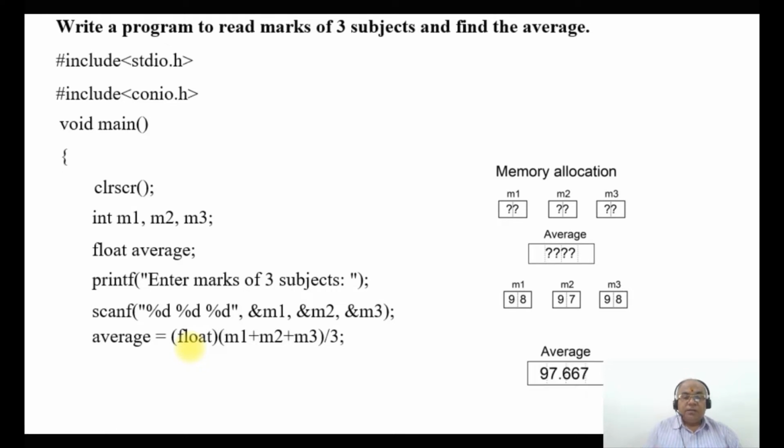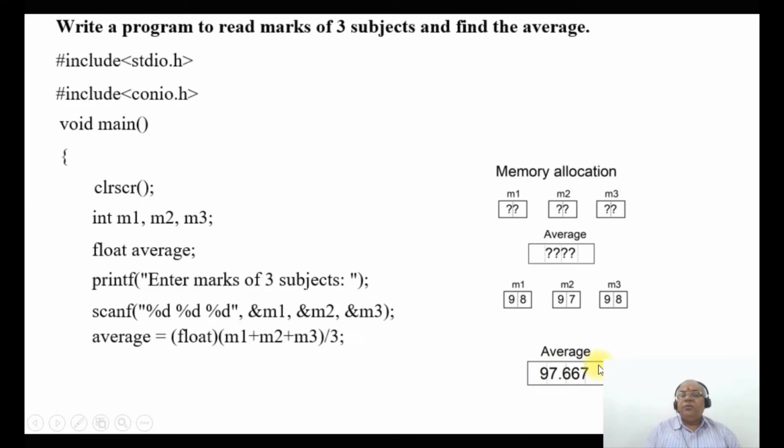Then divided by 3. So what do we get out of that? The average will be 97.667. Otherwise, if you don't use float here, M1 plus M2 plus M3 divided by 3 will be 97 only.